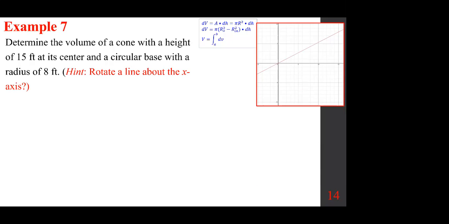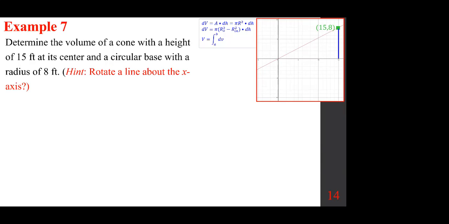Here's the line. If you look at that, class, it has coordinates 15, 8.